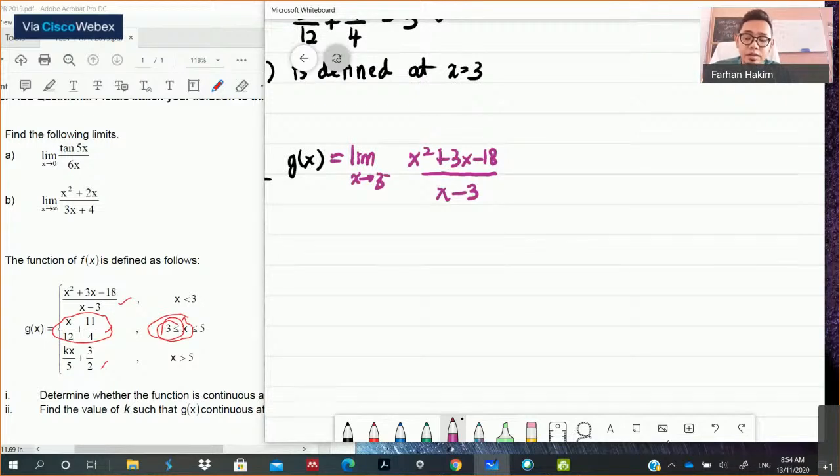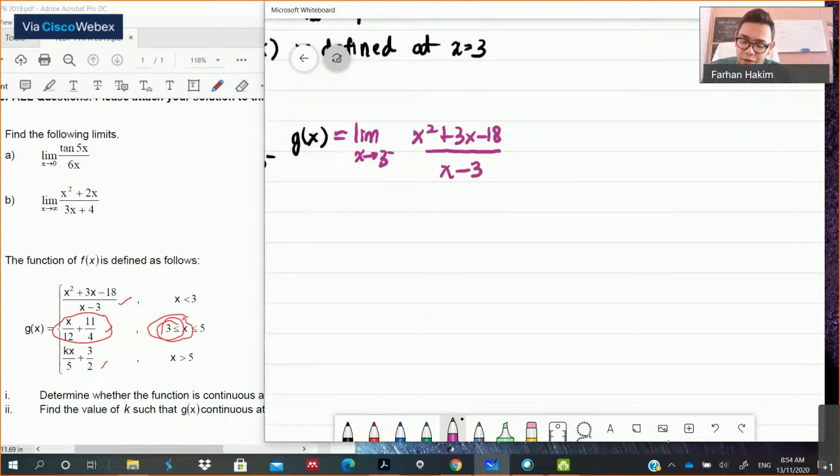We know that for the 0 over 0 case, we have 3 techniques for solving this limit. The first technique is factorization. So we factorize the numerator, and we'll have (x minus 3)(x plus 6), if I'm not mistaken.